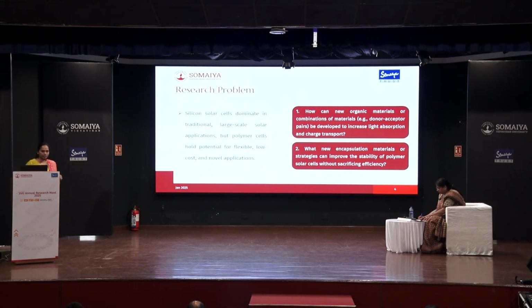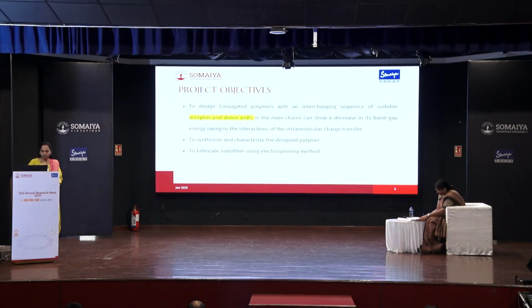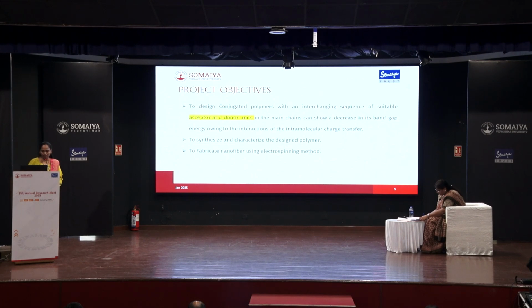In this project, I am exploring the first research problem, that is, the choice of electron donor and acceptor pair. The research objectives are to design conjugated polymers having suitable acceptor and donor units, so that you can decrease the band gap energy to get intermolecular charge transfer interaction.